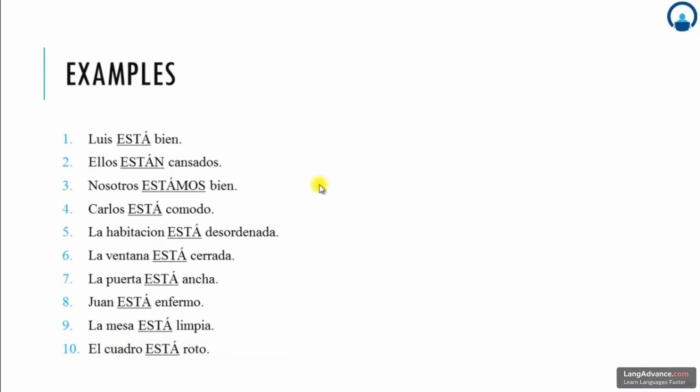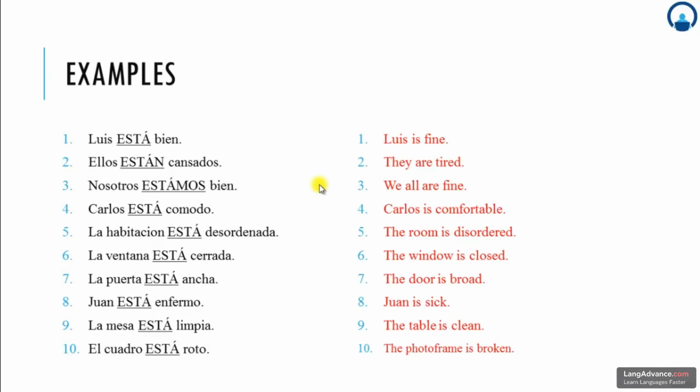Now, after trying out translations by yourself, here I have translated these for you. So, the first statement, Luis está bien. That means Luis is fine. Ellos están cansados. They are tired. Nosotros estamos bien.